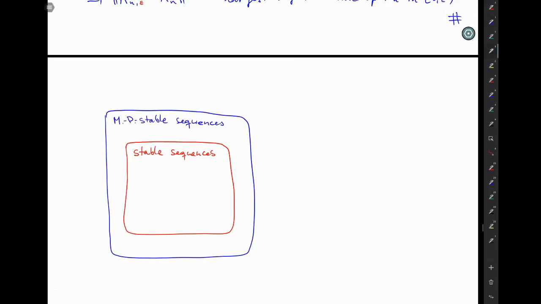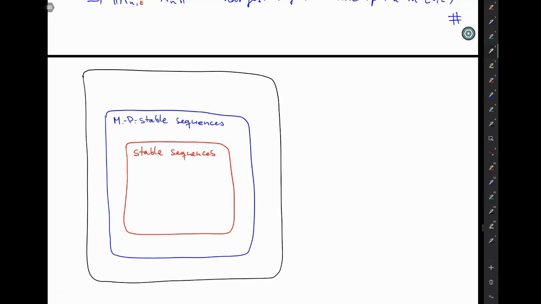And even larger is the set of all sequences that are stably regularizable. And remember, by our Nashed-Polski theorem, part A, for stable sequences we have that A is invertible and the inverses of a_n converge to the inverse of A. For Moore-Penrose stable sequences, by part B, we have the same with Moore-Penrose pseudo-inverses.